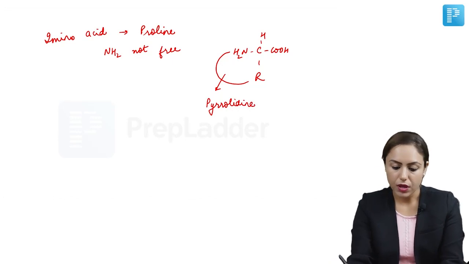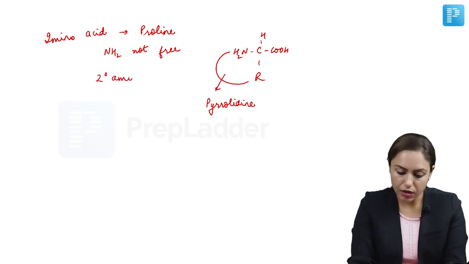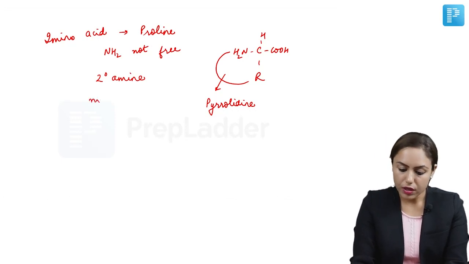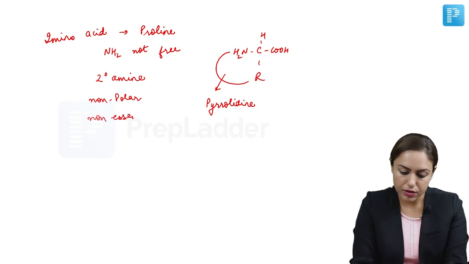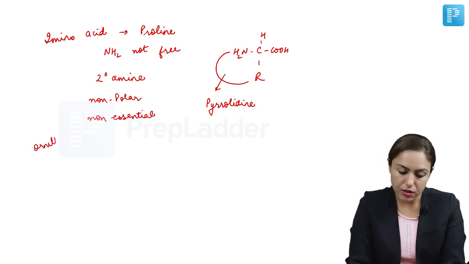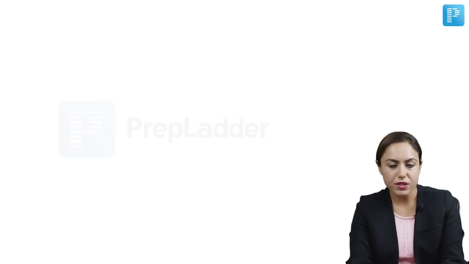Pyrrolidine ring, right? So, it is a secondary amine, not a primary amine. Proline is non-polar and it is non-essential. It can be synthesized from ornithine in the body. Okay. So, these were 20 amino acids.